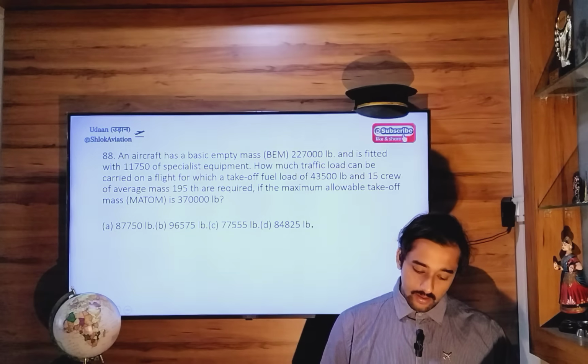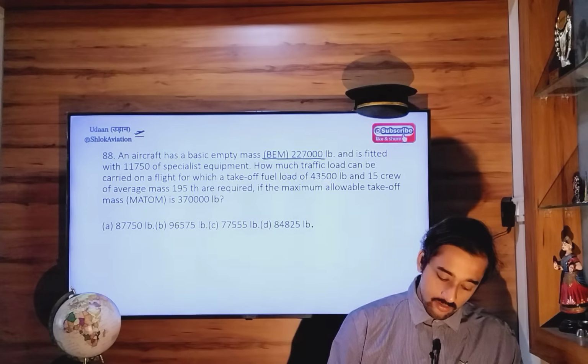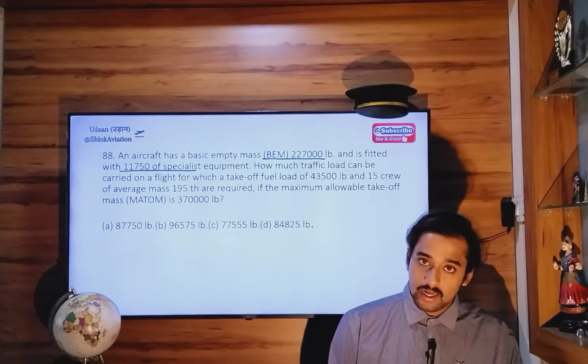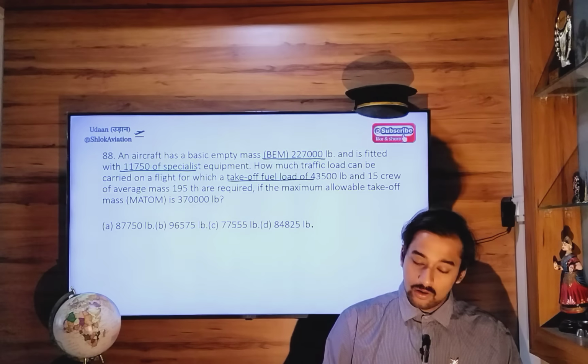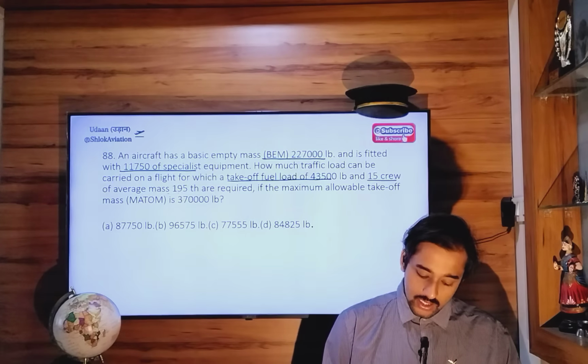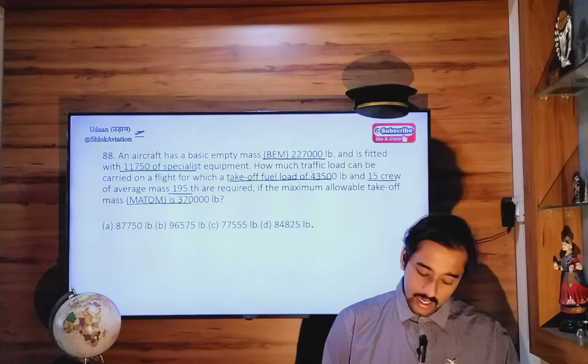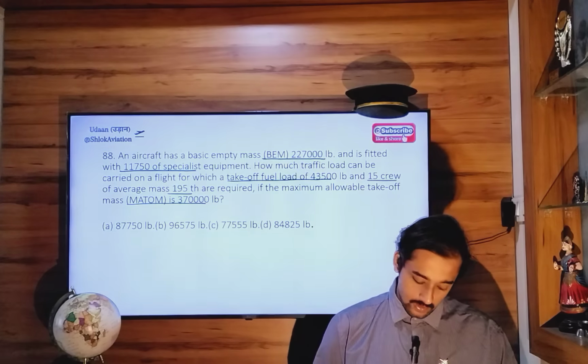Question 88, again a formula based question. Basic empty mass is given, load of the special equipment is given, load of takeoff fuel is given. There are 15 pilots or crew, 15 crew of average mass 195 pound each. Takeoff mass is 370,000 pounds.